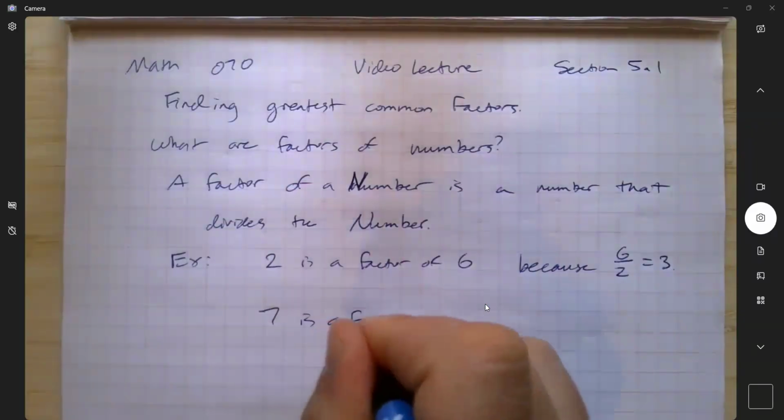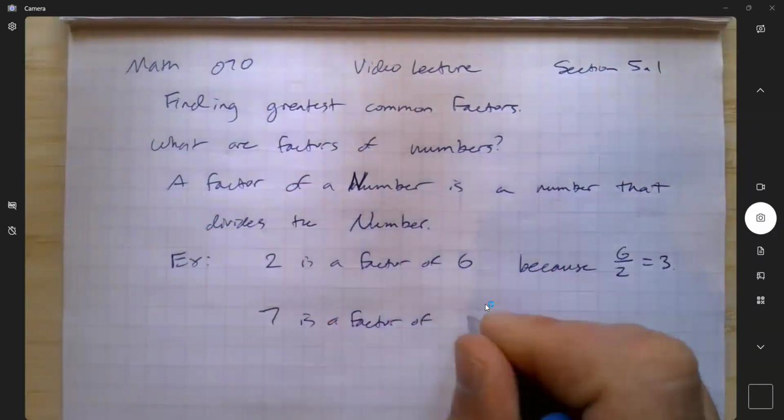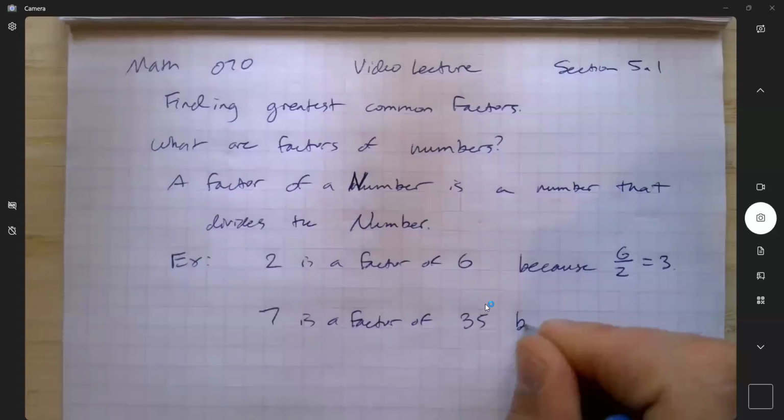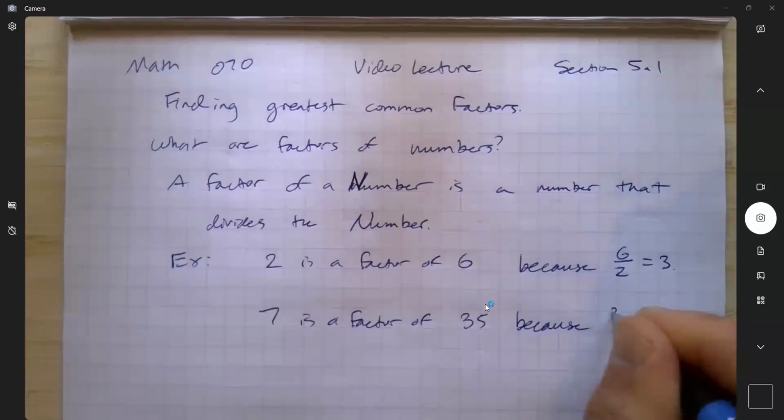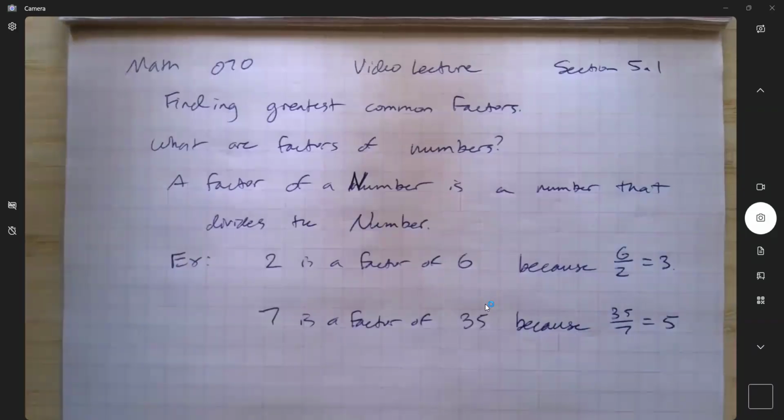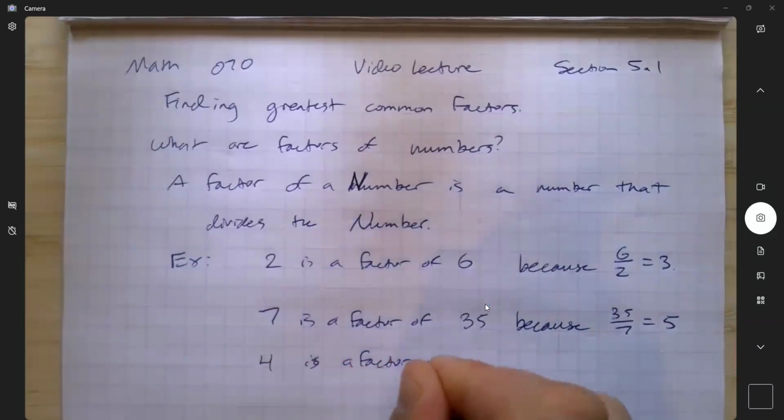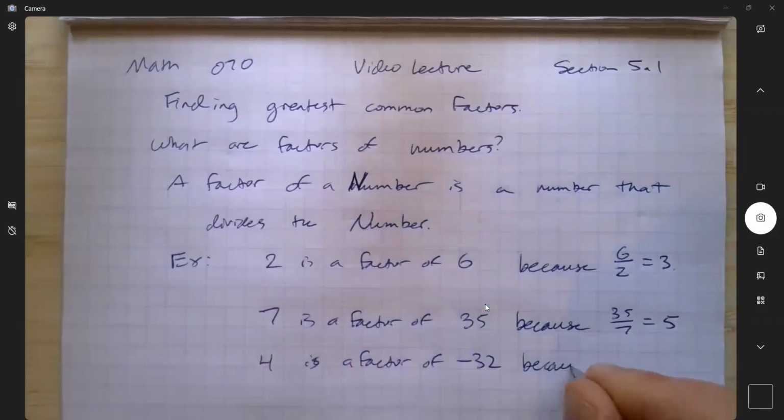7 is a factor of 35 because 35 divided by 7 gives you a whole number. 4 is a factor of negative 32 because negative 32 divided by 4, negative 8, gives you an integer.